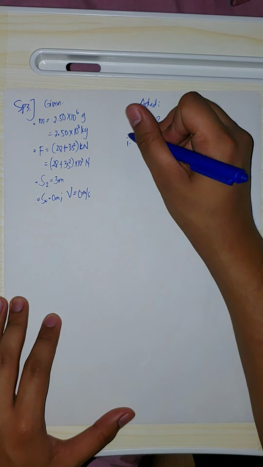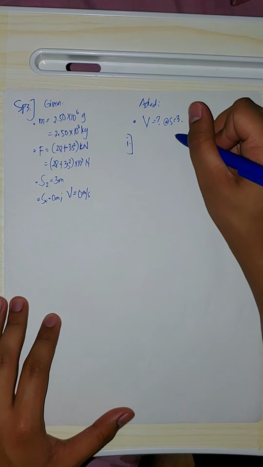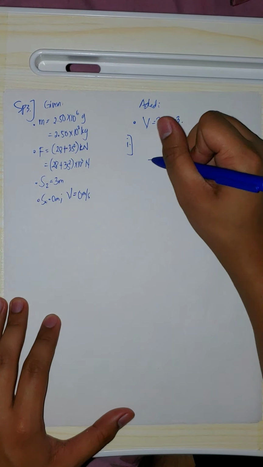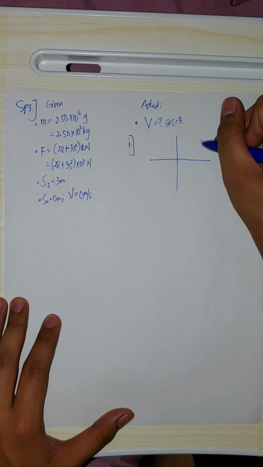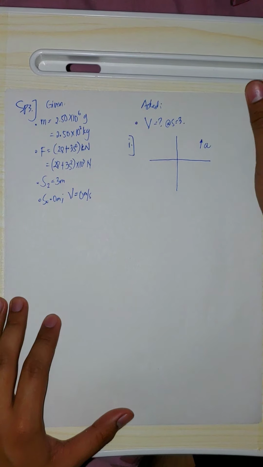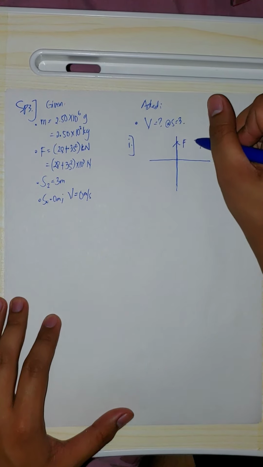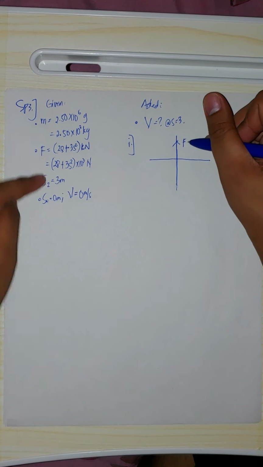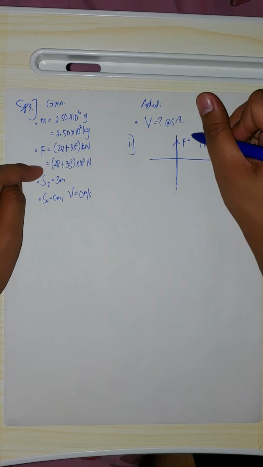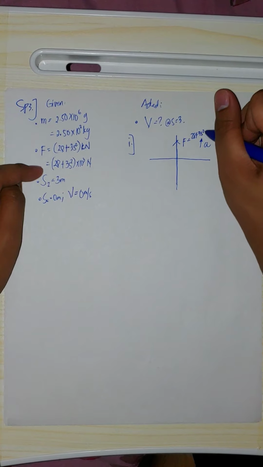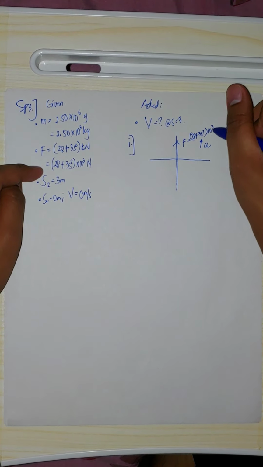Again, if we draw the FBD, let's say this is the FBD. Motion is upwards, so the acceleration is upwards. We have a force F here, which is equal to 28 plus 3s squared times 10 cubed.